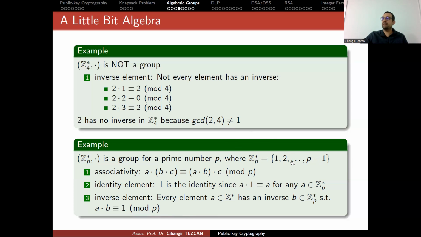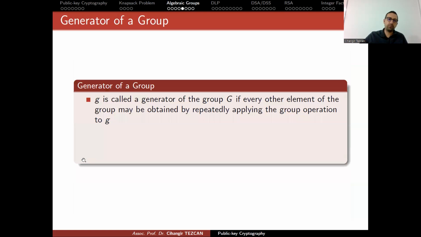Nothing less than P can divide it except 1, right? So this is why every element has an inverse. I'm not proving it, but I'm giving it to you as a fact. This comes from number theory too. So ZP star is a group with respect to multiplication when P is a prime number. These are the things that we are going to work on.